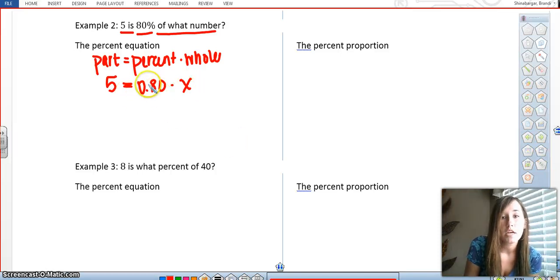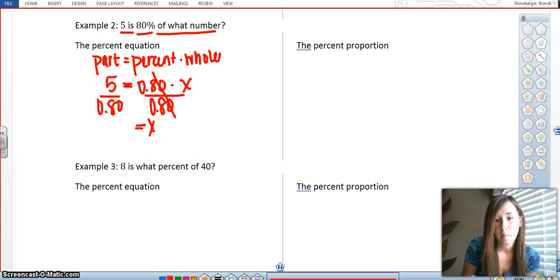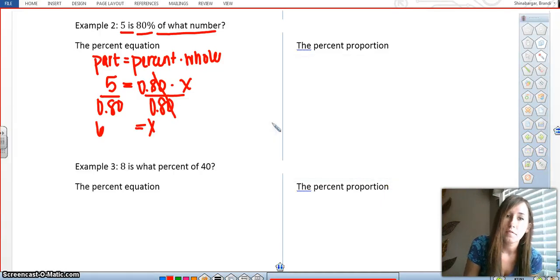Since this is a multiplication problem and we're working backwards, we would divide instead on both sides. 0.80 cancels out. 5 divided by 0.8. We can use our calculator. 6.25.